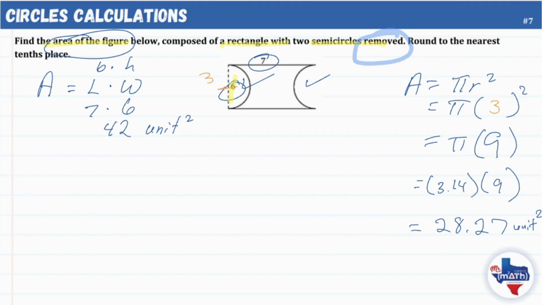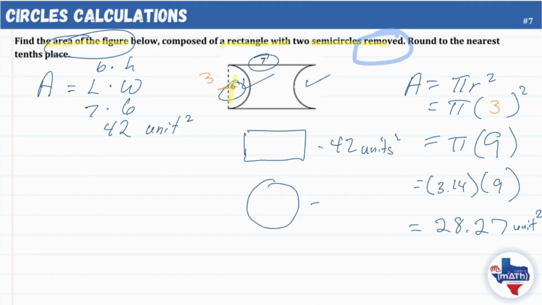And now what we have to do though is we have to remove that circle from the rectangle. So that means we need to subtract. So we need to take the rectangle, which has an area of 42 square units, and then we have a full circle.